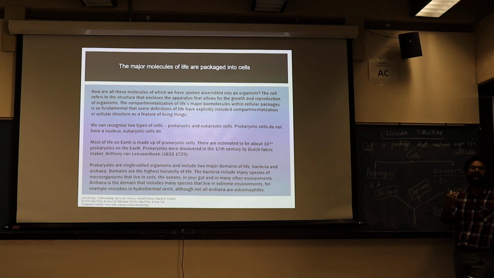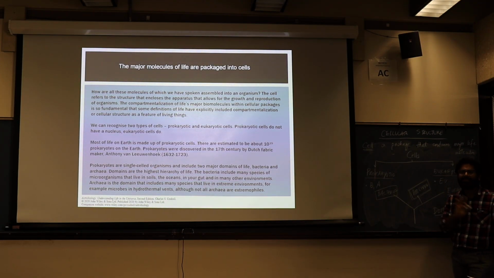For example, extreme high temperatures, or extreme low temperatures, or extreme saline environments, or acidic environments, or alkaline, anything extreme, radiation. Now, not all archaea will be extremophiles, but most of the extremophiles that we have seen are all archaeans.